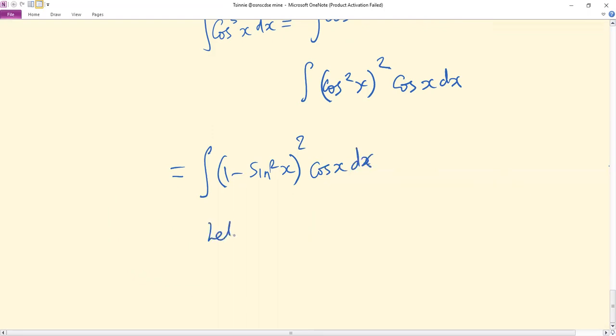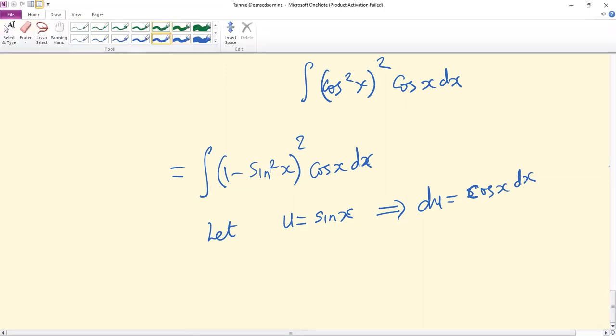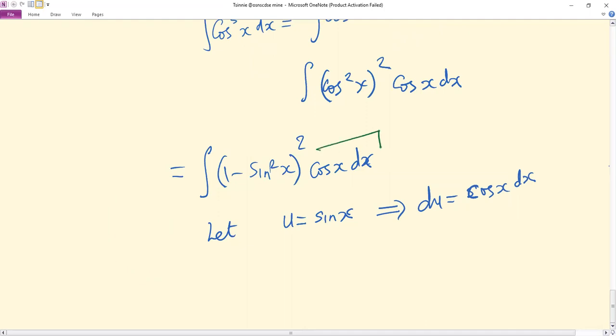And then we make a substitution, let u be sine of x, which means du will be cosine of x dx. So with this substitution, the position of cos x dx is the same as du, as we have seen from this.